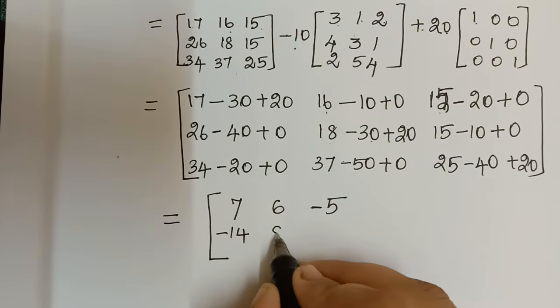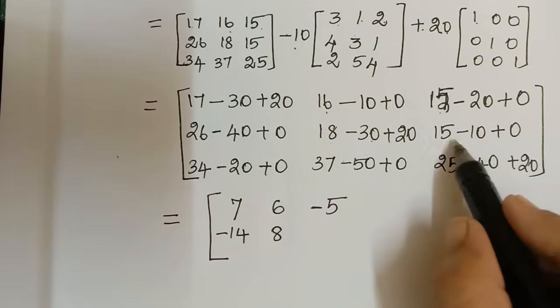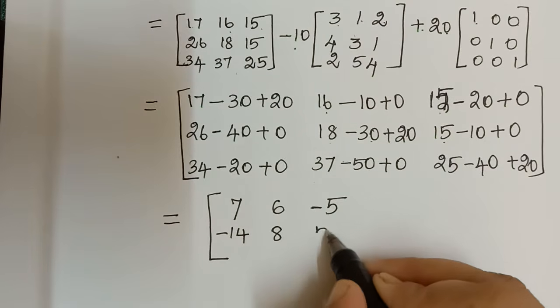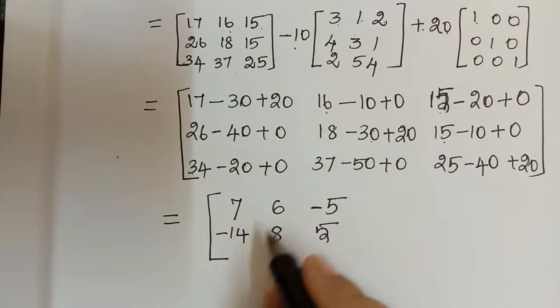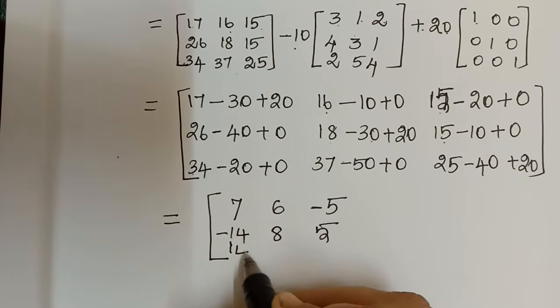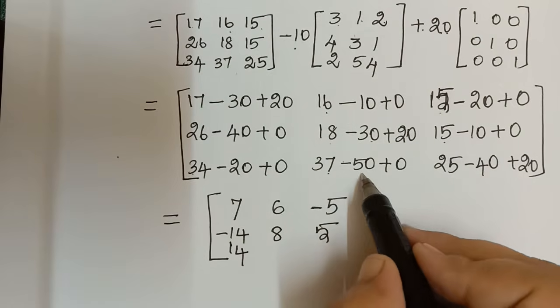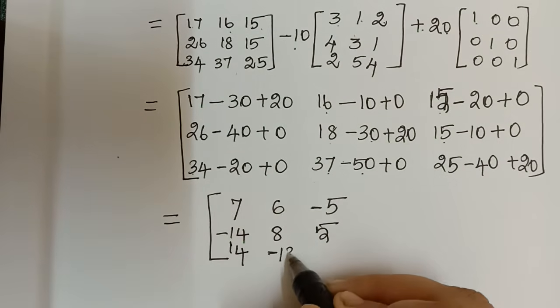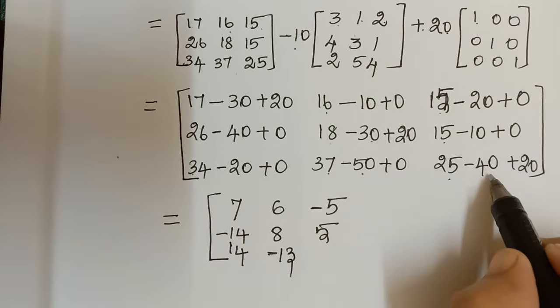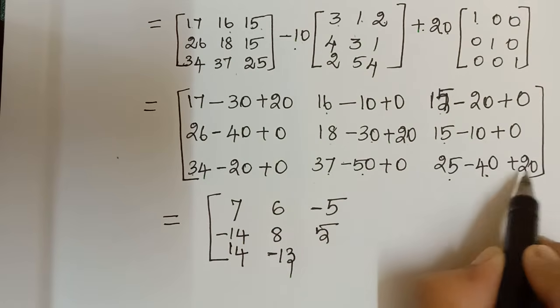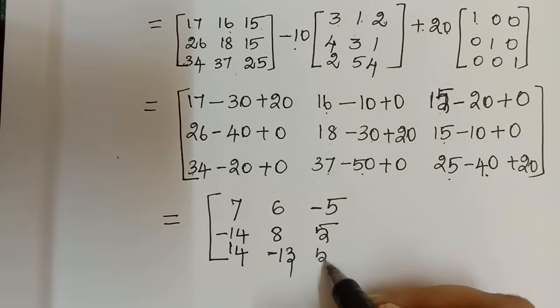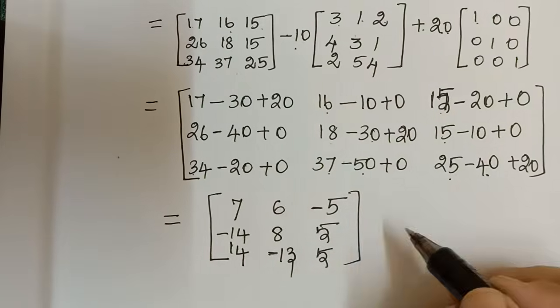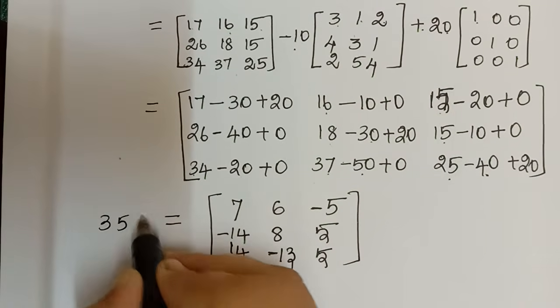So it will be 8. And then 15 minus 10, so it is 5. 34 minus 20, so it is 14. 37 minus 50, so minus 13. And then 25 minus 40 plus 20, so it will be 5. So this is what 35A inverse is.